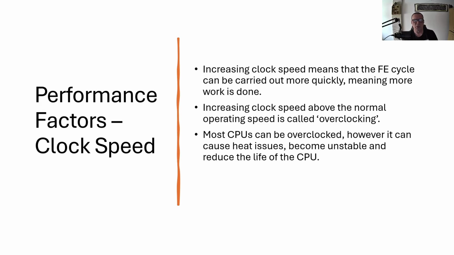If you want to increase the clock speed above what's normally provided when, say, the computer ships, it's called overclocking, and you can pretty safely overclock most CPUs because they're clocked on the conservative side. But if you overclock too much, you can cause heat issues, the CPU can become unstable, and it can reduce the life of the CPU. But it does make performance increase.